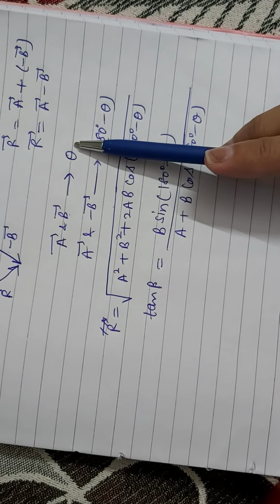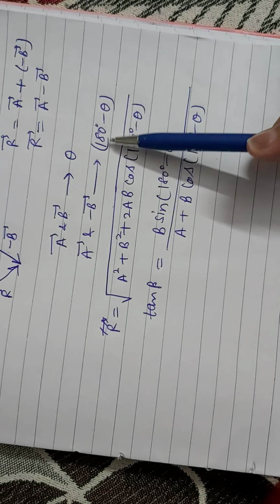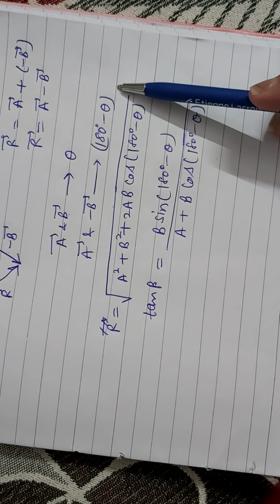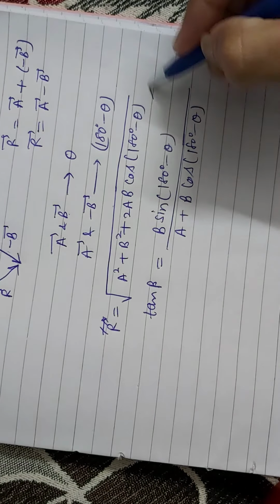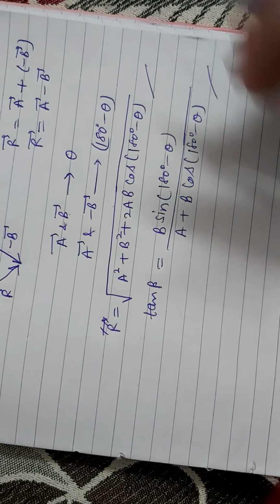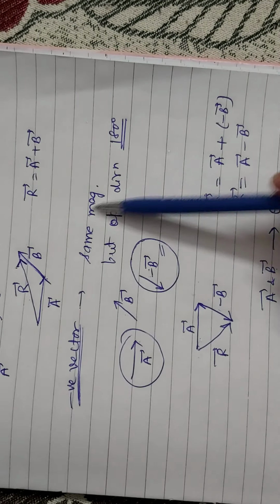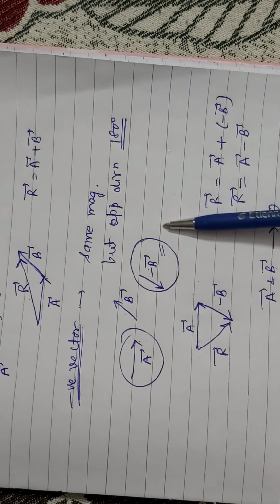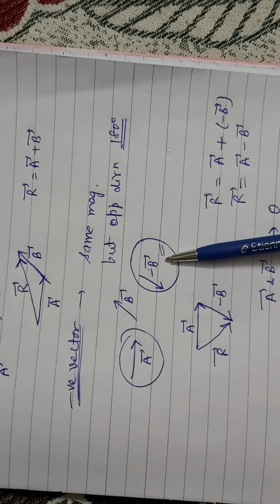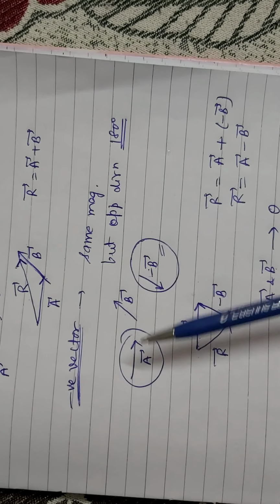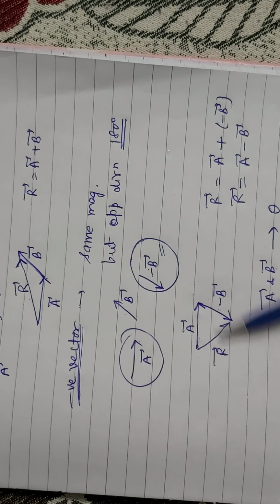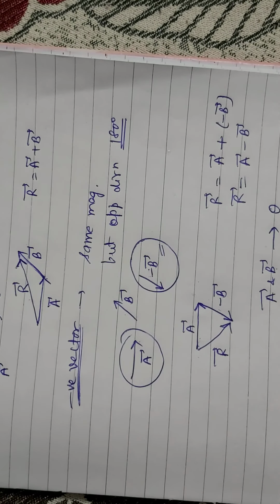Only the angle concept is there. Theta is replaced by 180 degrees minus theta. So you can apply these formulas in the numericals in which vector subtraction is required, or in general you can apply this mechanism: take the negative of the vector which we are going to subtract from vector A, then this diagram and this result will represent the subtraction of vectors.